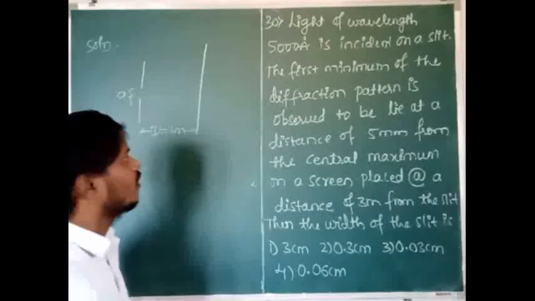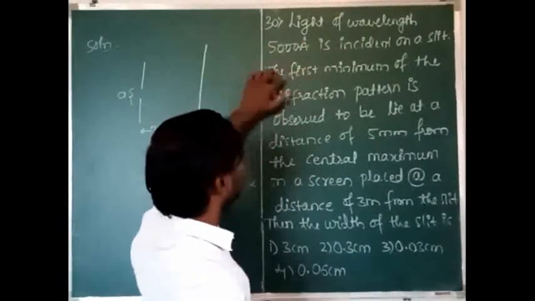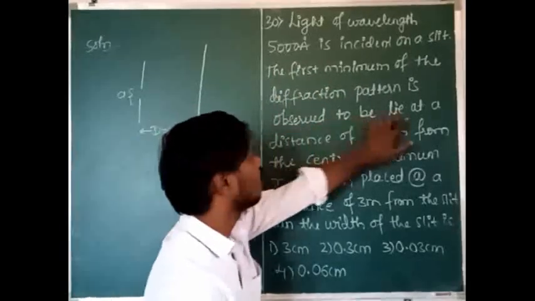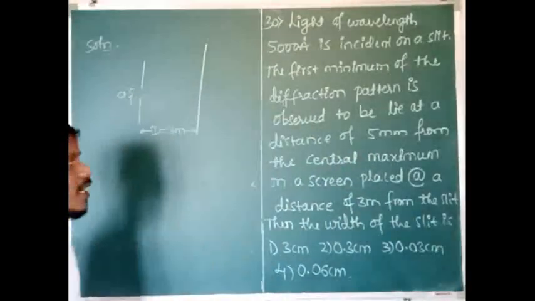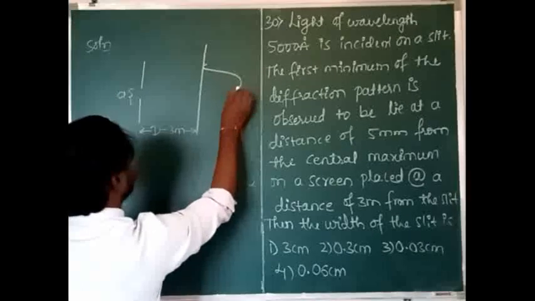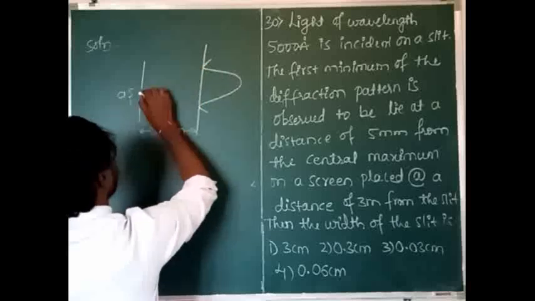Light of wavelength 5000 angstrom is incident on a slit. The first minimum of the diffraction pattern is observed to lie at a distance of 5 millimeter from the central maximum. Now let us consider, it is the central maximum, then it is the first minimum.